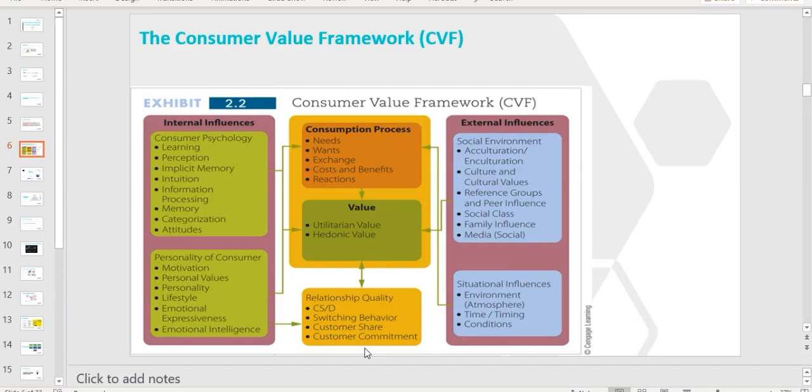So in front of you, we have a consumer value framework that's taken from Babin and Harris. And what Babin and Harris say is that by the end of the day, in marketing, we try and attract consumers and build a relationship with those consumers. You can't make the consumer buy the product. You can't make someone come to your organization and buy the product. But what you can do is influence that decision making, because it is influenced by a number of things, the environment, like for example COVID-19, or cultural factors.